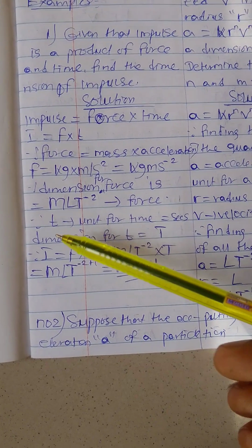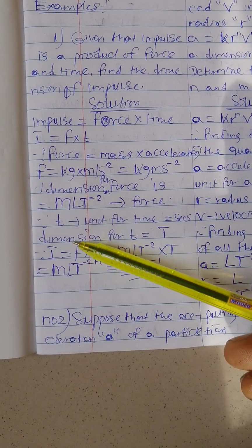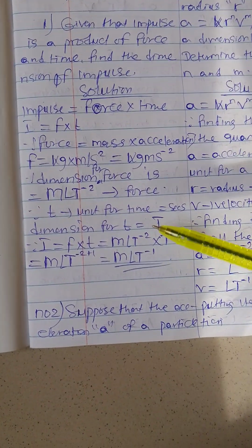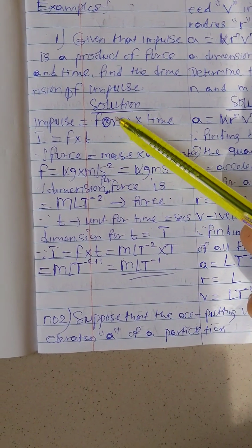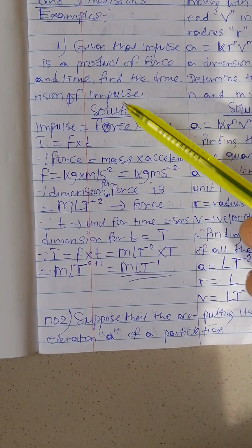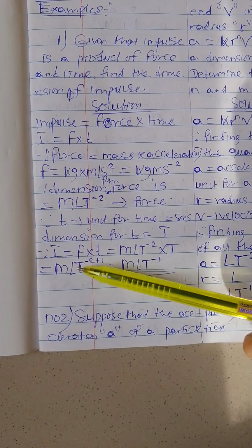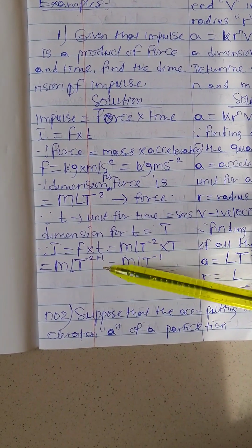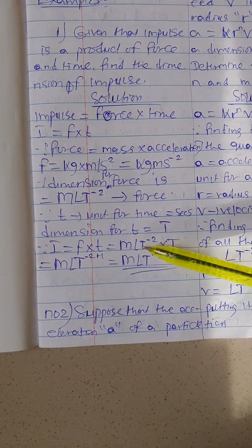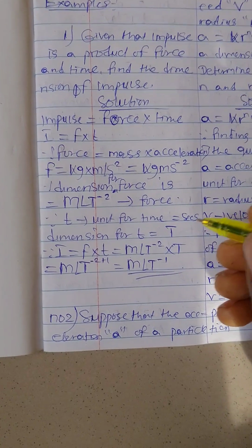Now, what's next? The unit for time is seconds, and therefore the dimension for time is T. Remember that you have to do force times time. My dimension for force was MLT raised to power minus 2. So that becomes MLT raised to power minus 2 times T. This T is T raised to power invisible 1.